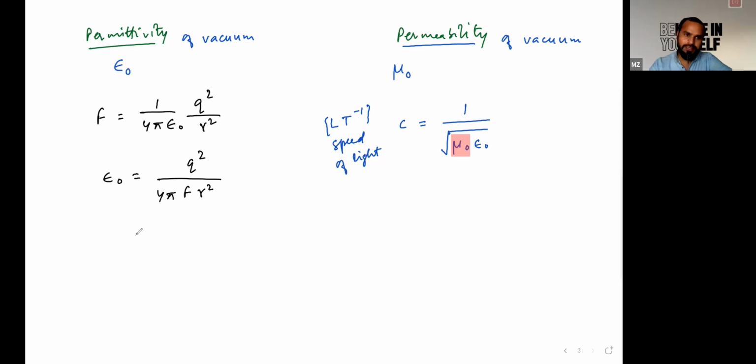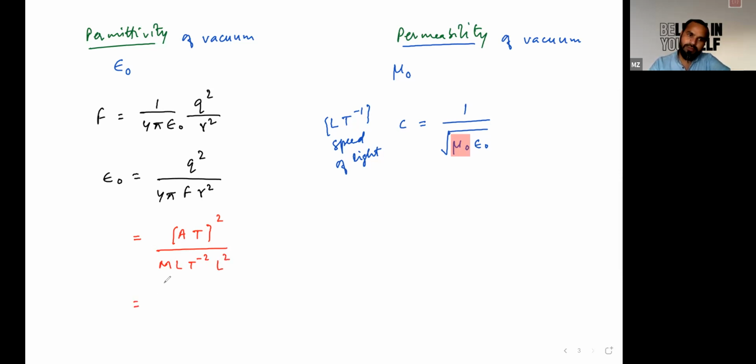Yusra, just see this. We have to put the dimension formula for this charge, which would be nothing but A and T, and squared over it. Divide by 4 pi is nothing but any constant. So in terms of dimension, we can neglect them. We're left with just force. So it would be mLt raised to the power minus 2. R is nothing but length, so squared of it.